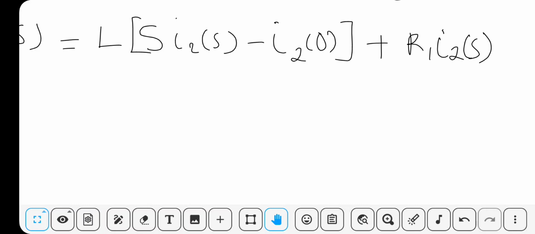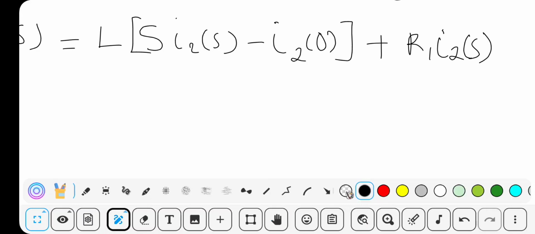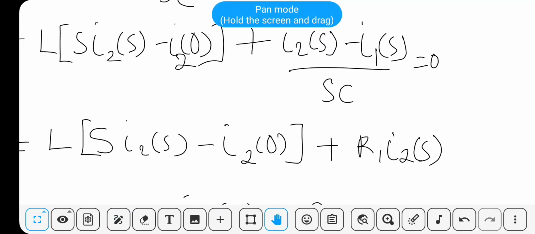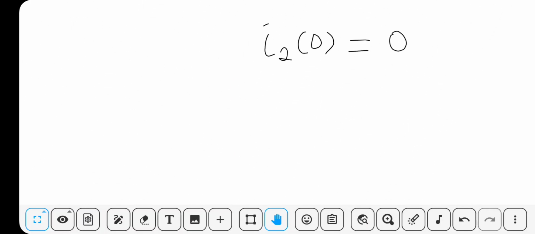So now the initial conditions. Assume the initial conditions to be equal to 0, which is just I2 of 0 equal to 0.